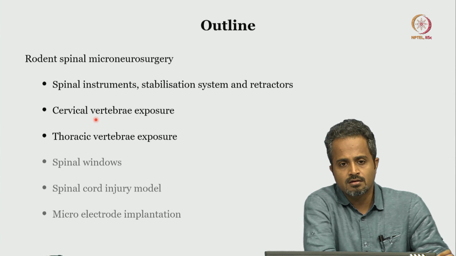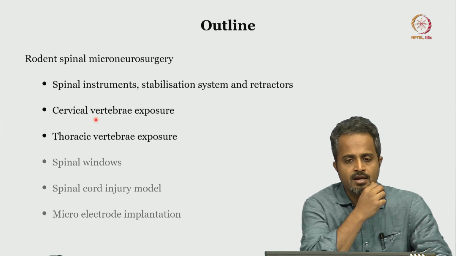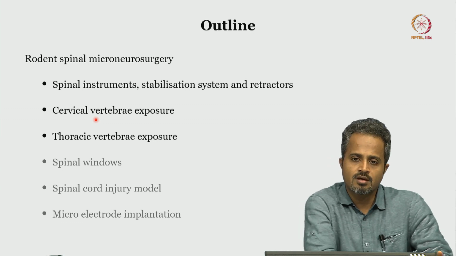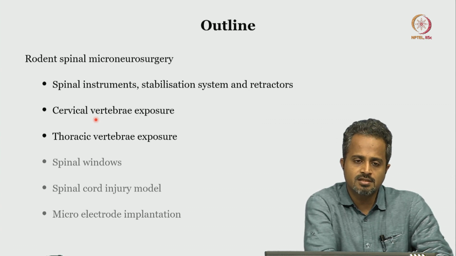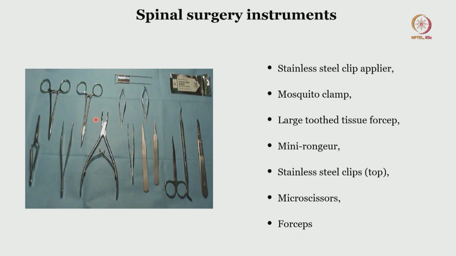And then briefly I take you through microelectrode implantation as well, and those steps are pretty common for even the other strategies with slight improvisation. All right, so in the first half of the session I'll deal with the setup itself.